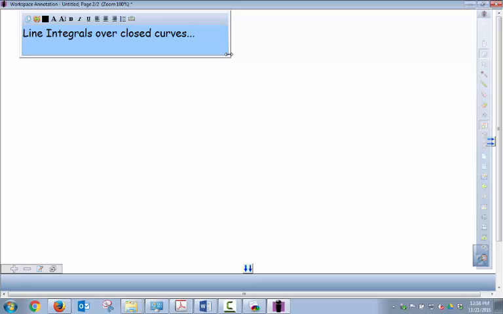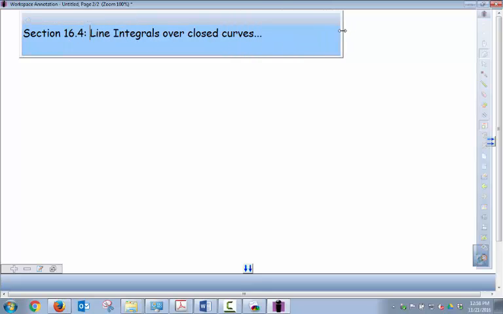This is 16.4. So the title of this section is called Green's Theorem.